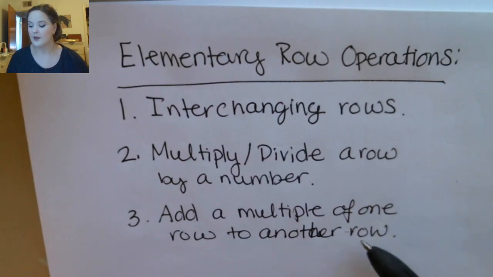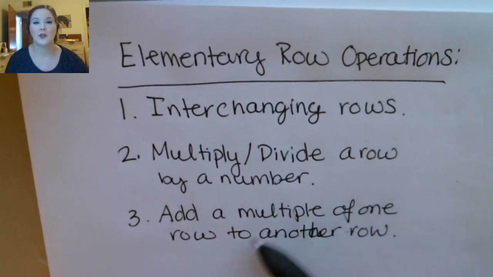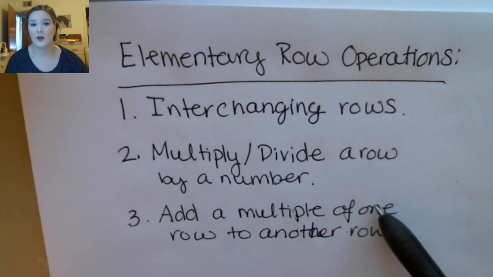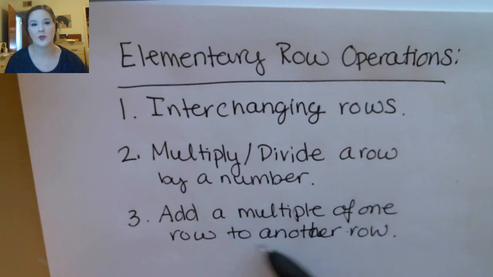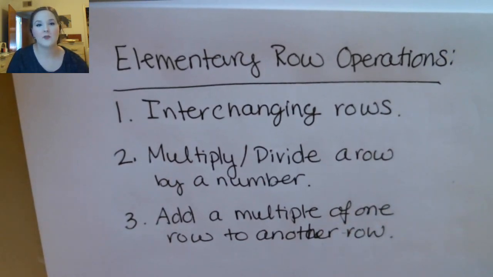The last one, add a multiple of one row to another row, is actually describing the act of doing combinations or elimination. The reason I'm telling you what these are equivalent to is because none of these 3 things will change the solutions.